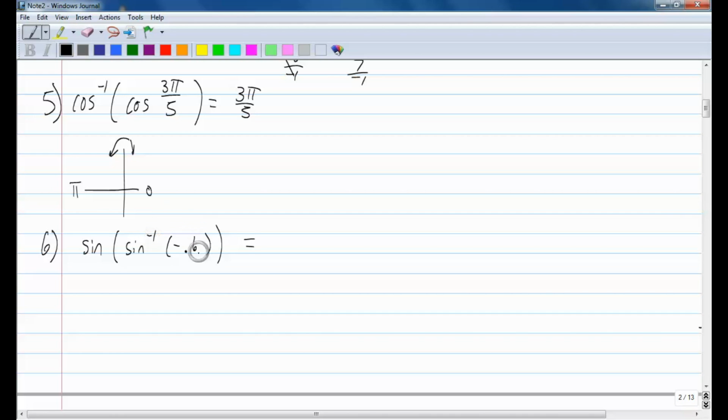When the inverse is on the inside, then whatever we're taking the inverse of, for inverse sine, needs to be between negative 1 and 1. If this is between negative 1 and 1, which it is, then the answer is just what I was evaluating. So the answer is negative 0.6. That's because the inverse is on the inside.